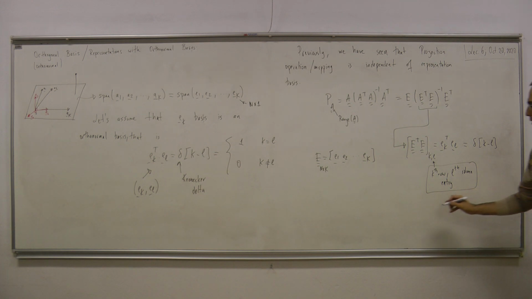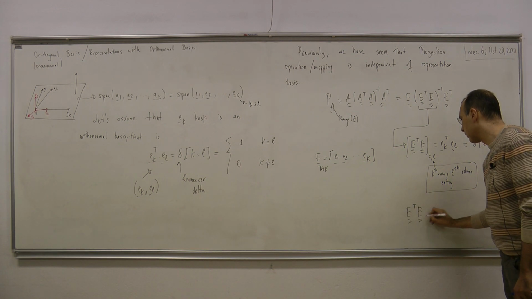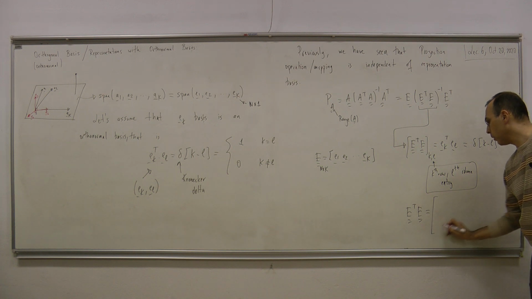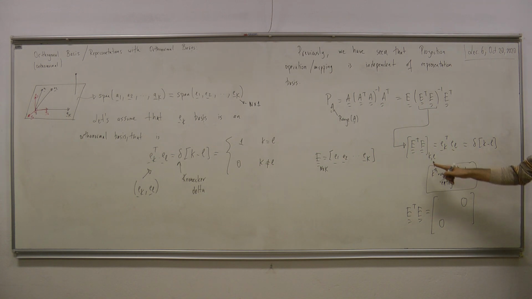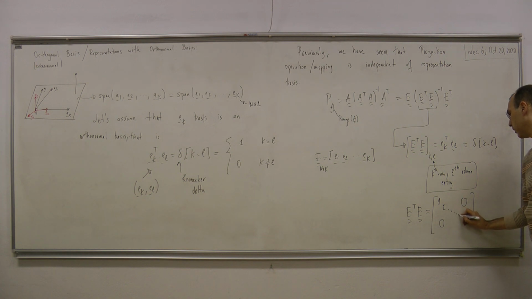So what's the meaning of this? This E transpose E becomes, so this is a matrix. Entries of this matrix are equal to 0 when the row index and the column index are different. Okay. And it is equal to 1, obviously, when I'm on the diagonal, when K is equal to L. Okay.